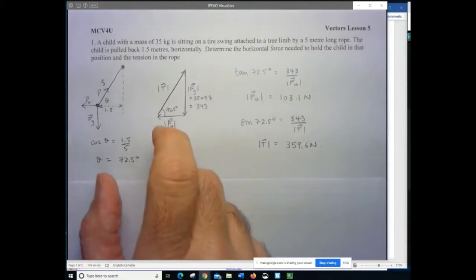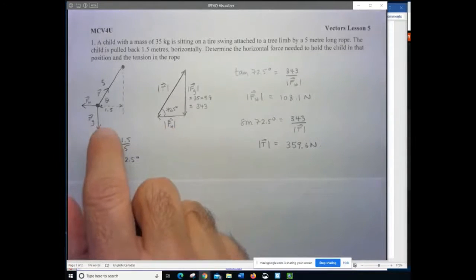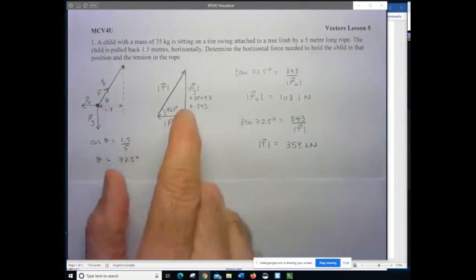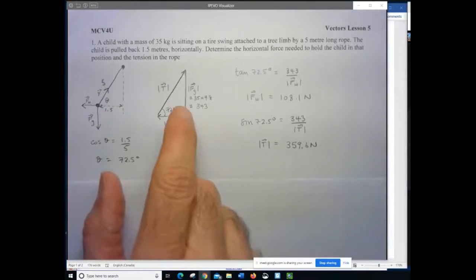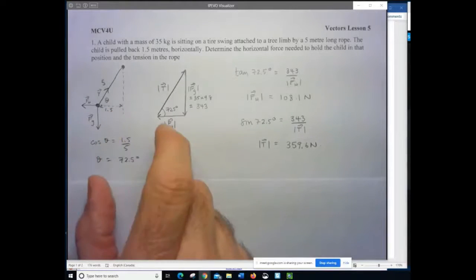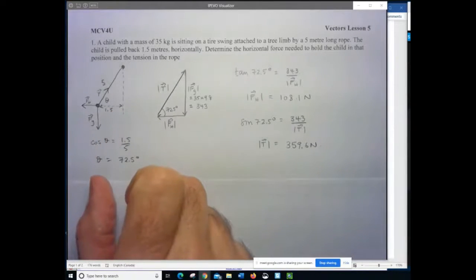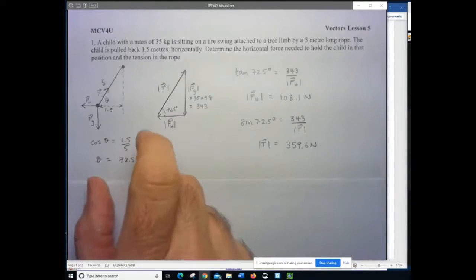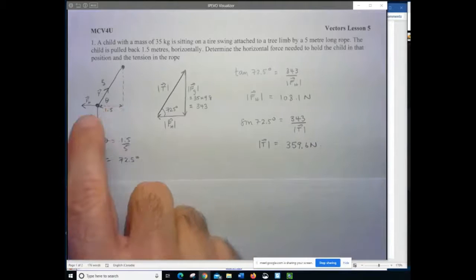So do you need to include the free body diagram? No, not necessarily. It's just a good idea. Again, it depends on how much facility you have with these questions. Some people are perfectly fine going to this one here, and this is a fairly easy example. Maybe the one with the strings, the 2 strings holding up an object, that might be a good idea to actually draw out the diagram.